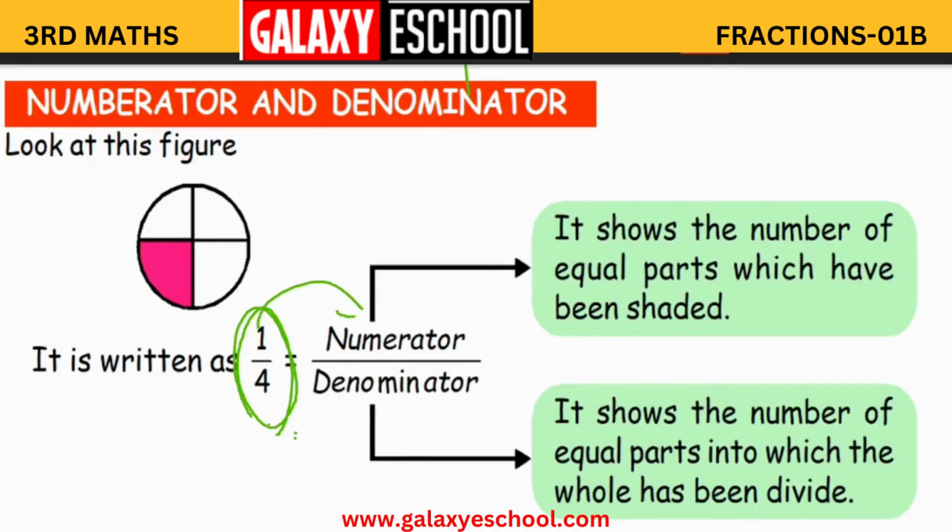The number written on top is our numerator. It shows the number of equal parts which have been shaded. Yes, what will we write on top? We will write the number of shaded parts. Number of shaded parts. So what is it called? Numerator.